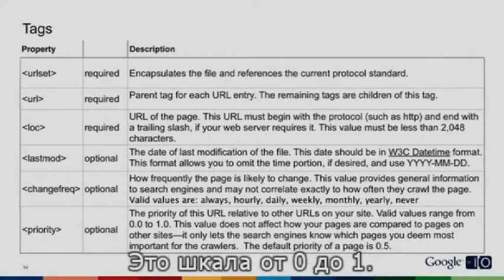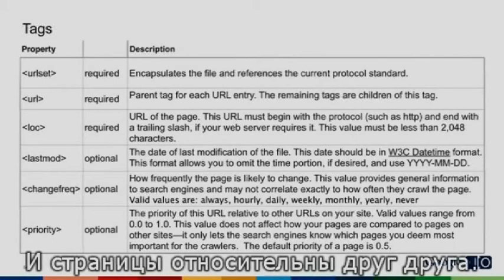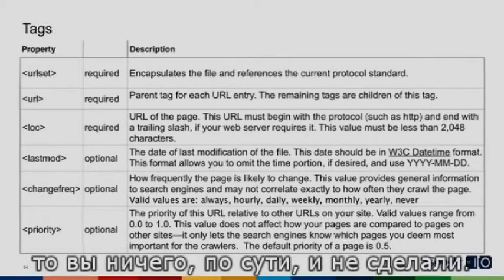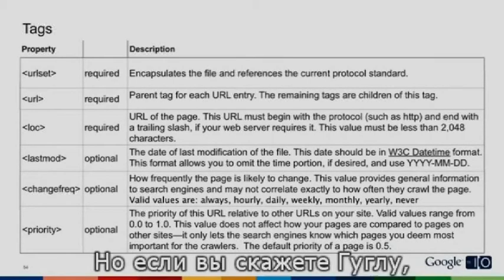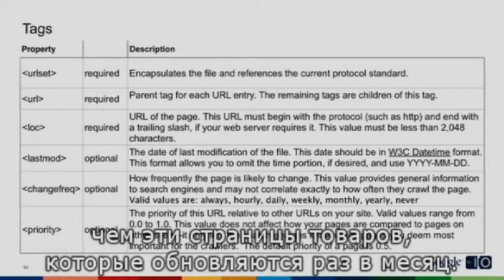This is a scale from 0 to 1, and by default, it's 0.5. And they're relative to each other. So if you list all your pages at 1, you haven't really done anything. But if you tell Google, this page I want you to have a bit more priority for, say, my home page, right? Then maybe some of these product pages that are only updating monthly.